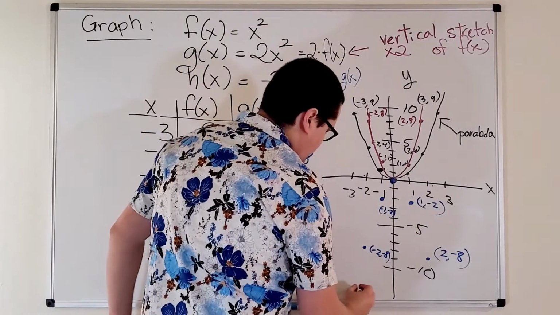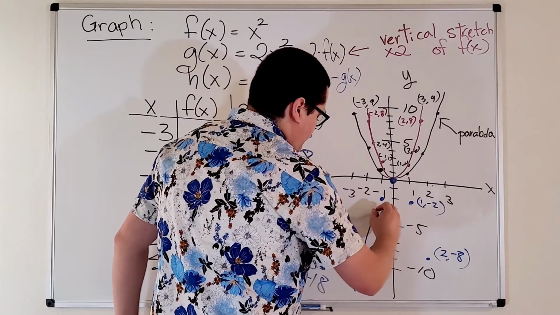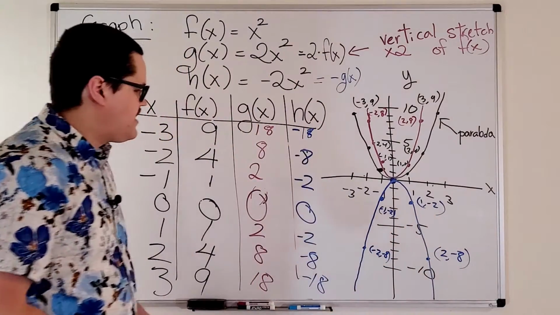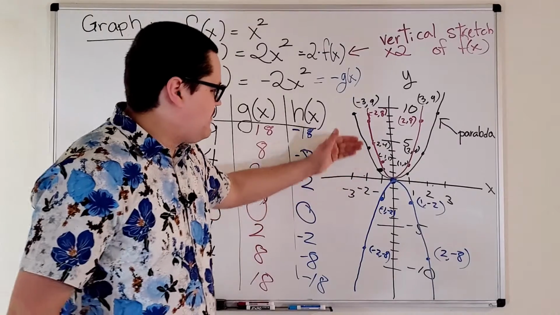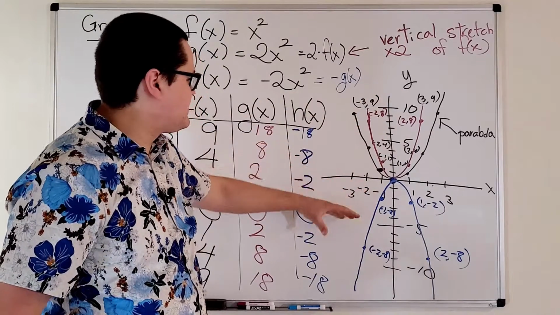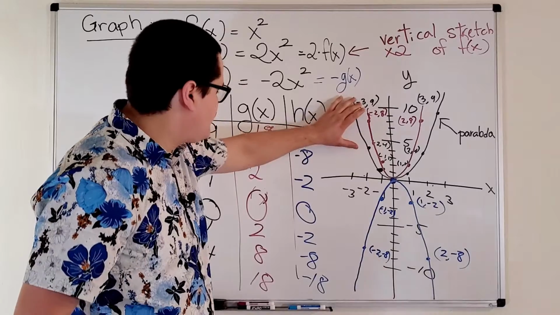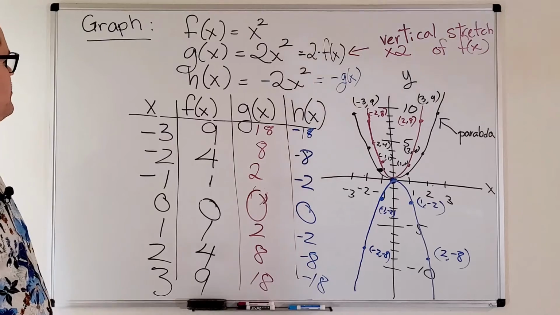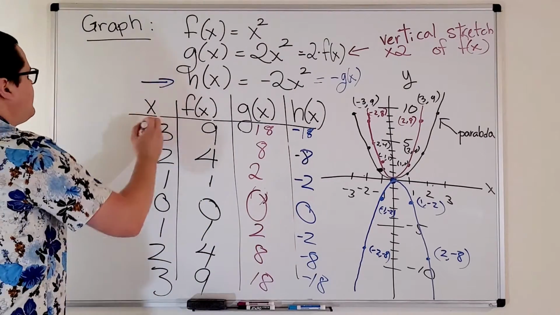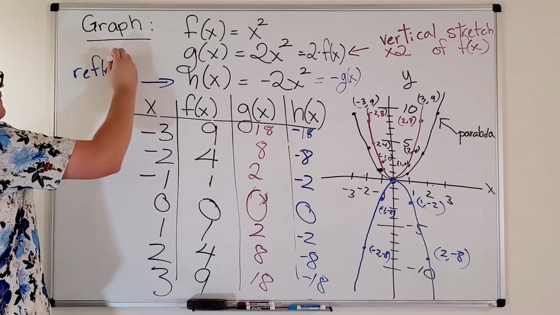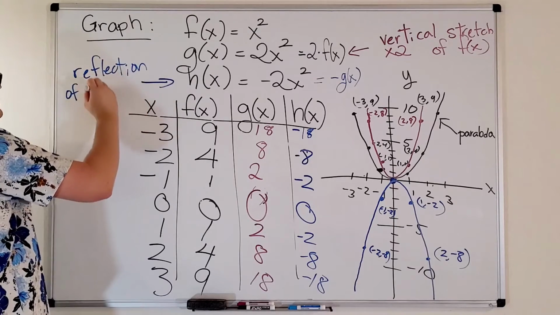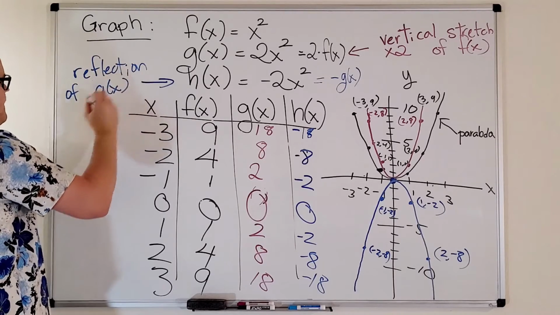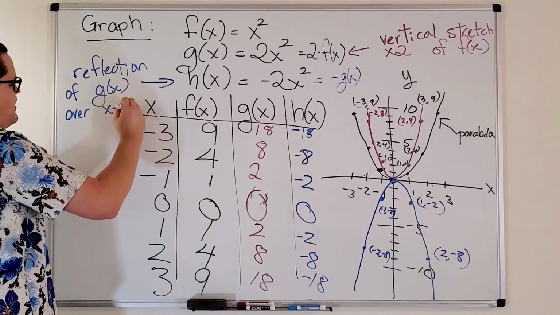So we connect this to form a smooth curve. And you might have already guessed that this is simply a reflection over the x-axis of this purple, magenta, whatever it is, curve g of x. So reflection of g of x, whoops, not f of x, over the x-axis.